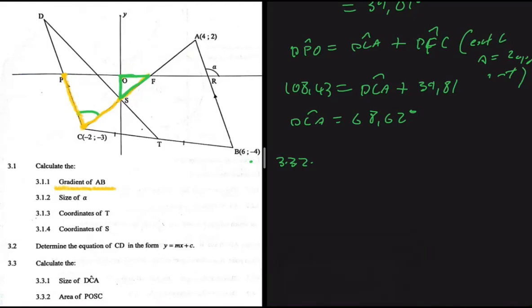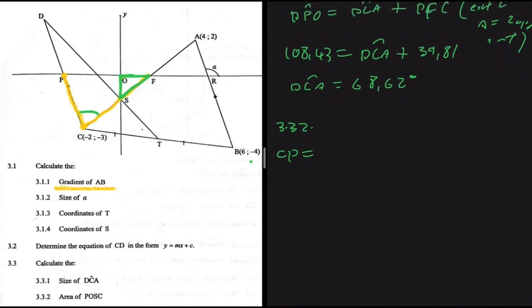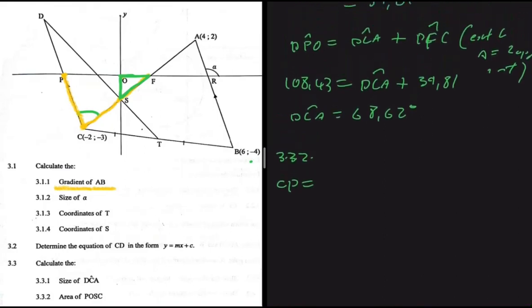So we're using CP and CF, right? So let's calculate CP. Here comes the distance formula, the formula I hate more than any other. So we need the coordinates of P, right? And then we have the equation of CD, which we calculated in 3.2.